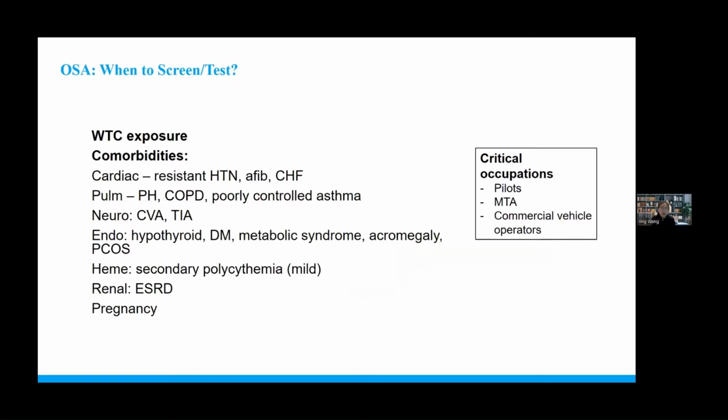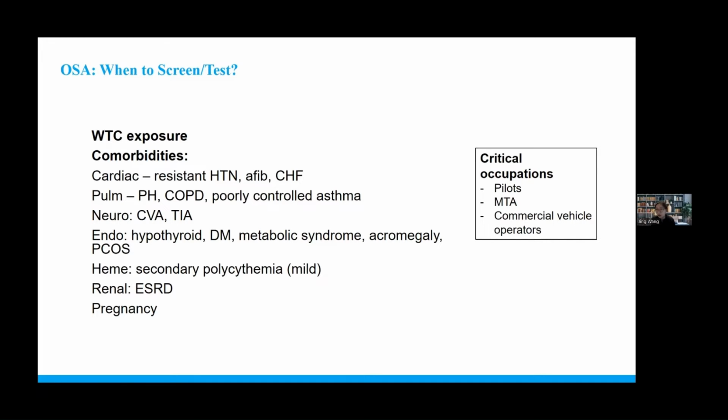And then, in terms of comorbidities, this is also a very important category to think about. If you see patients with certain cardiac, pulmonary, neurologic comorbidities such as heart failure, resistant hypertension. In the pulmonary world, we think about it in patients who have really poorly controlled asthma or airways disease.